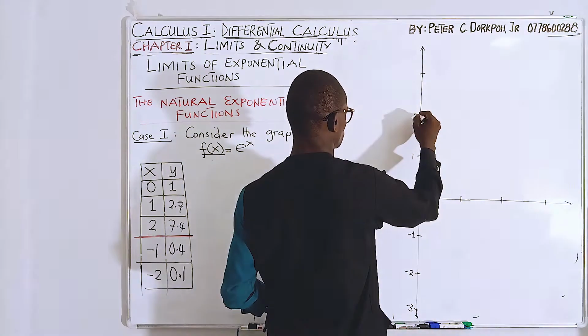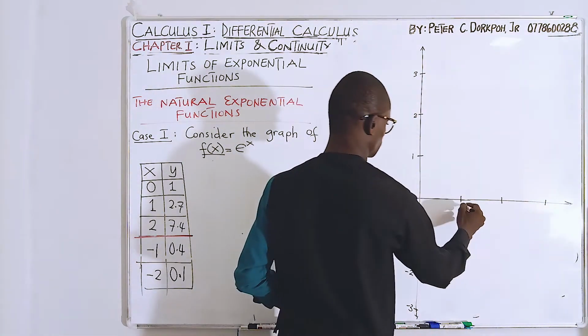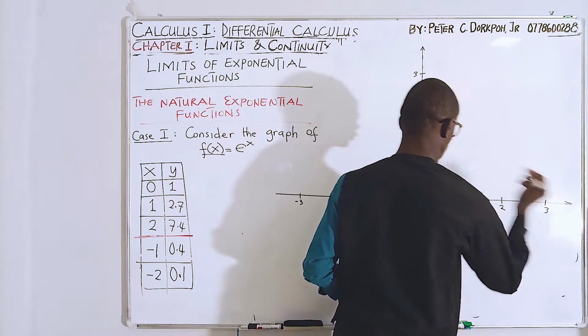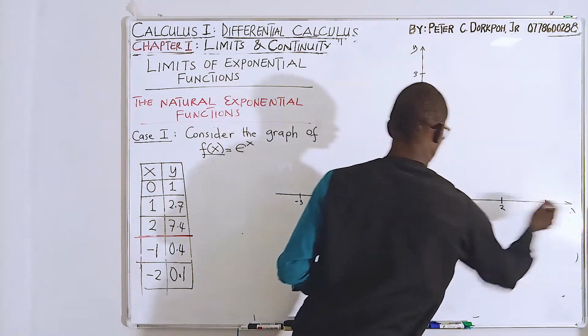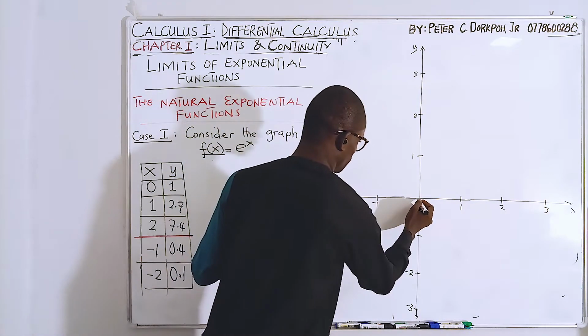Got this 1, 2, 3. And 1, 2, and 3. So these are y-axis and these are our x-axis. So this point is the origin.